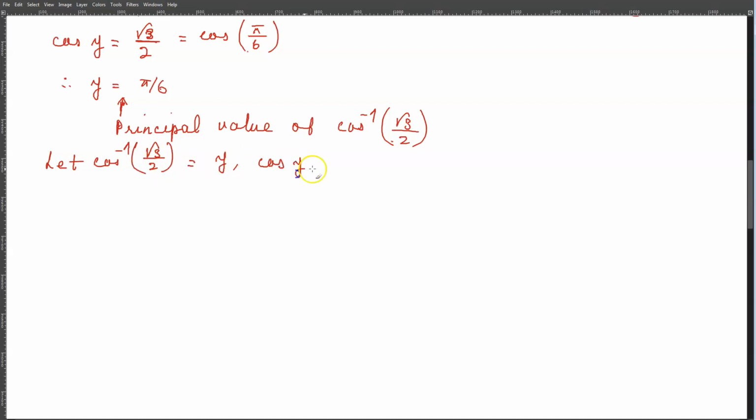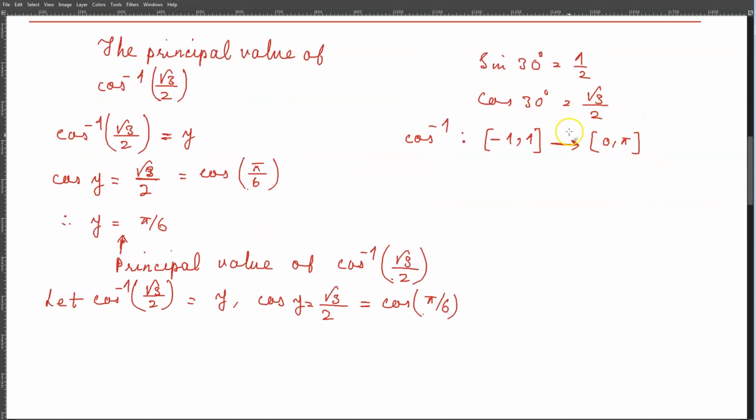Then cos y is equal to square root of 3 by 2, which is of course equal to cos of pi by 6. We know that the range of the principal value branch of cos inverse is 0 to pi, and cos of pi by 6 is equal to square root of 3 by 2, and therefore the principal value of the cos inverse of square root of 3 by 2 is equal to pi by 6.